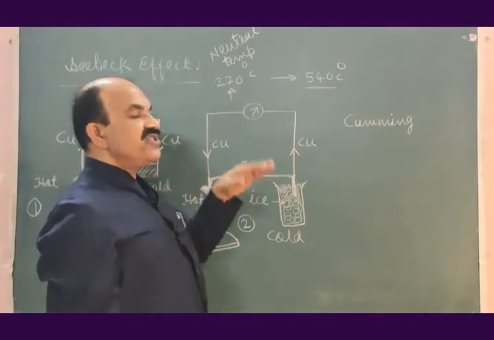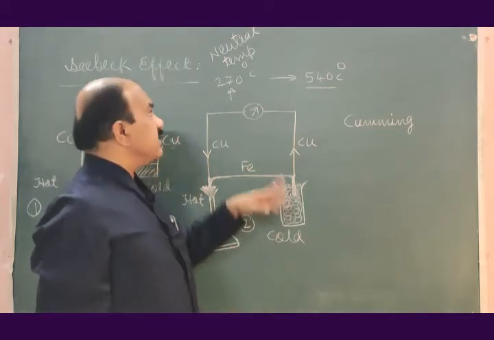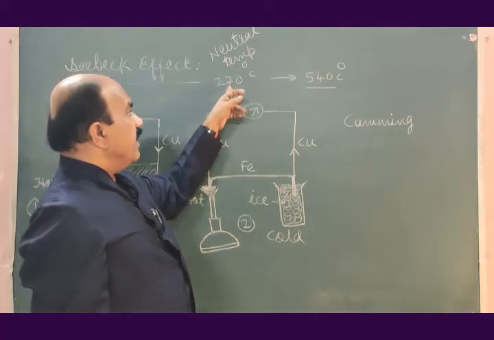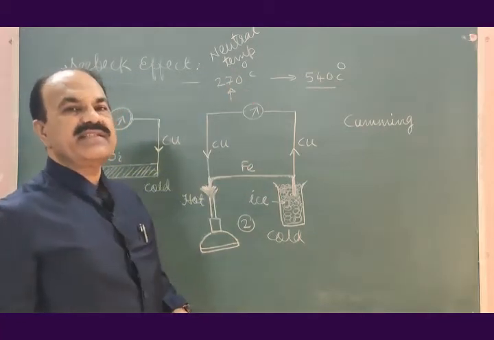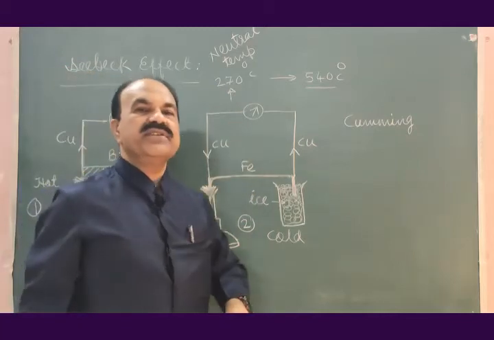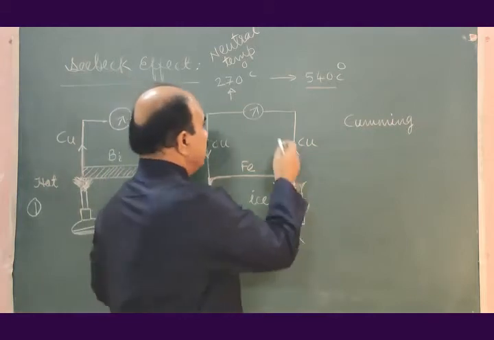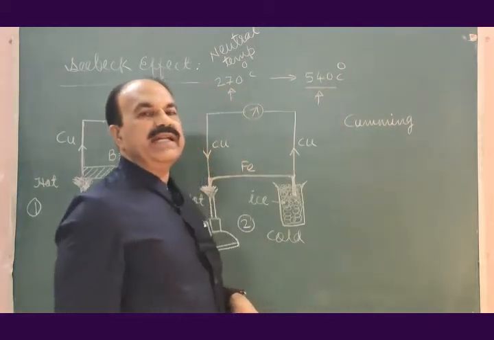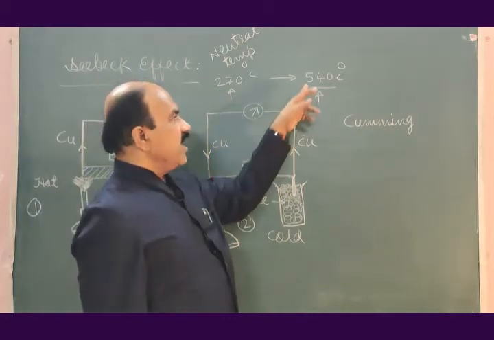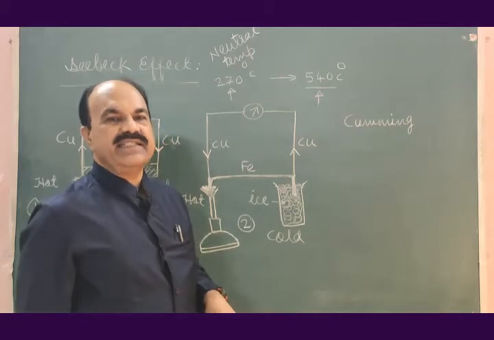He continued this heating and found that when the temperature goes beyond 270 degrees Celsius, the current in the galvanometer starts decreasing, and it comes to 0 when the temperature of the hot junction comes to 540 degrees Celsius.